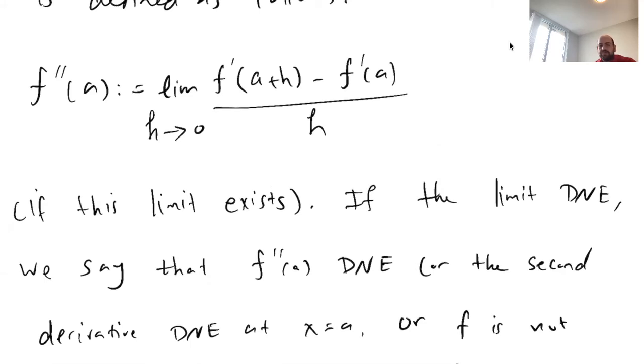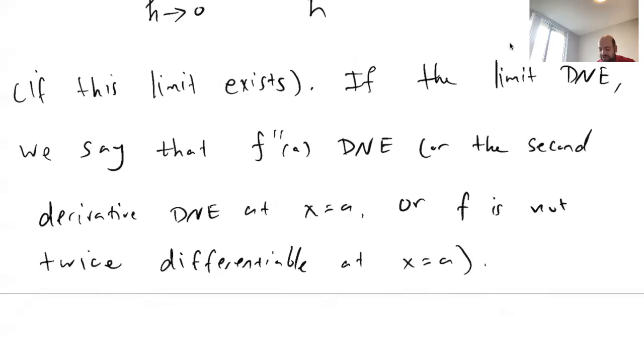Similarly, like previously, we first defined the first derivative at a fixed point. Then we defined the first derivative at an arbitrary point x, or as a function, basically, right? So we can do the same thing here, and we can define the second derivative as a function again.